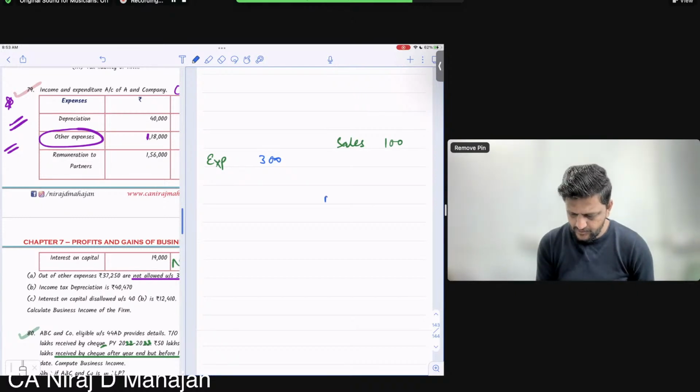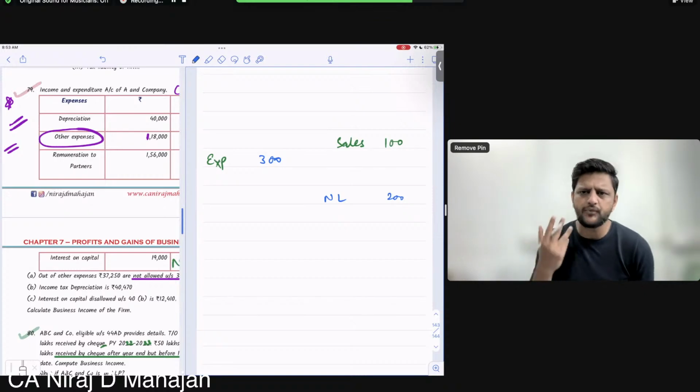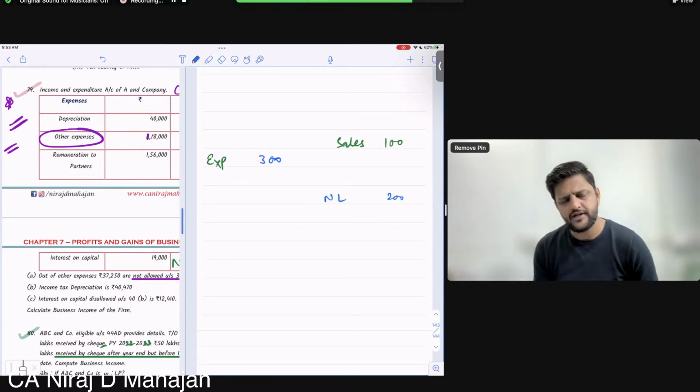Net loss of 200. I mean, it is negative, but okay, net loss. So the officer is going to scrutinize over here. Definitely is going to scrutinize or check what kind of expenditure you have shown. Now there can be only two cases: either you have underbooked the sales, or you may have shown too much of expenditures.